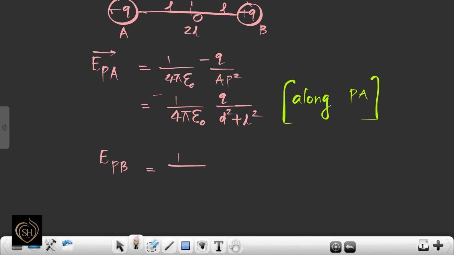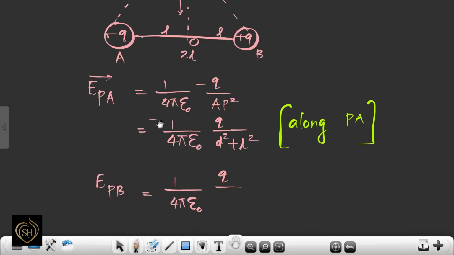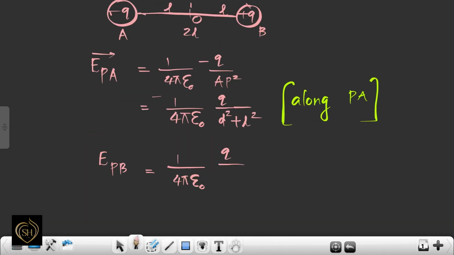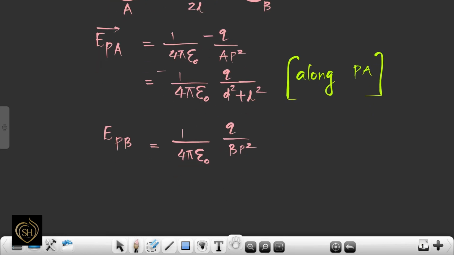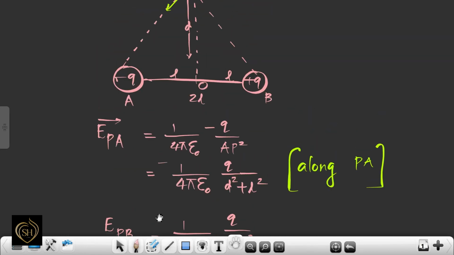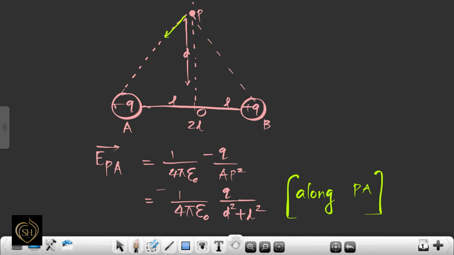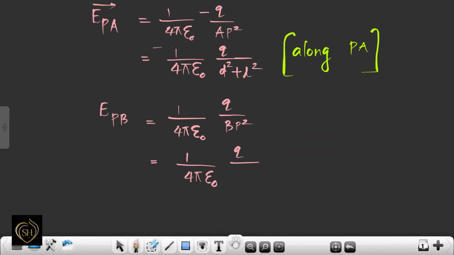That will be 1 by 4 pi epsilon 0 Q divided by BP square, where BP is the distance between B and P. That is equal to 1 by 4 pi epsilon 0 Q divided by, if we consider the triangle BOP, BP square is equal to d square plus L square.